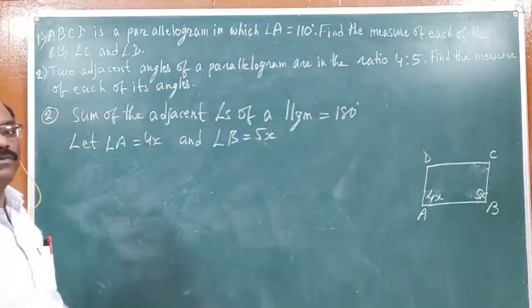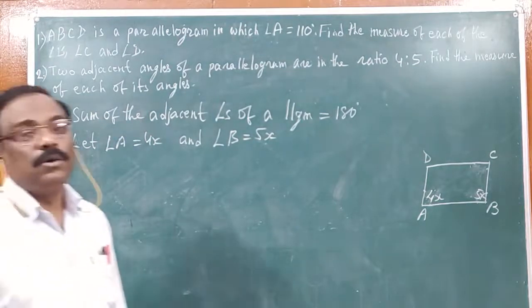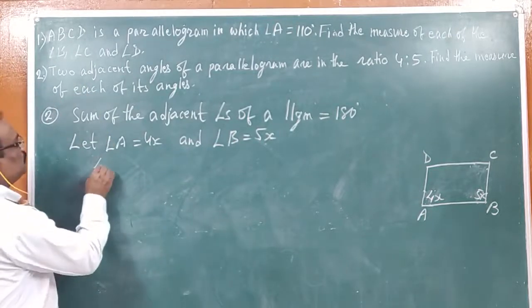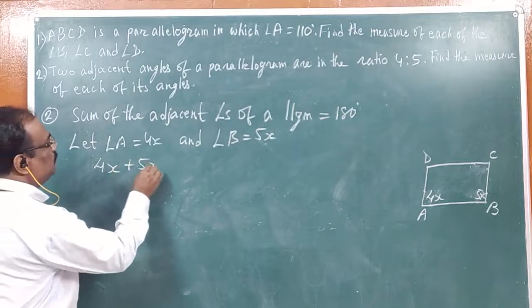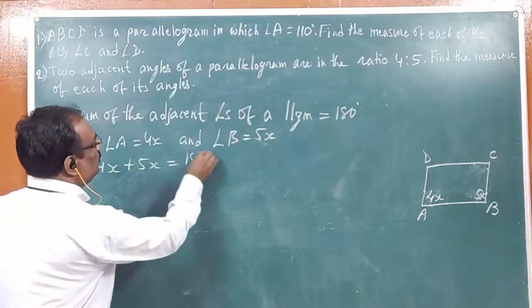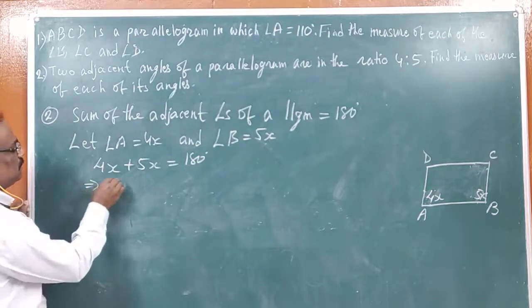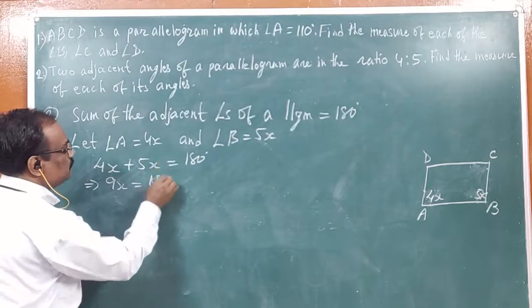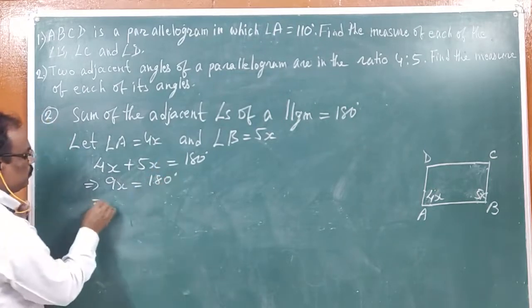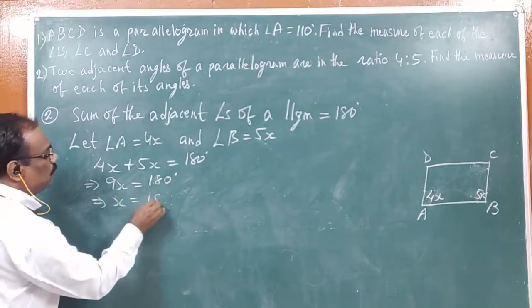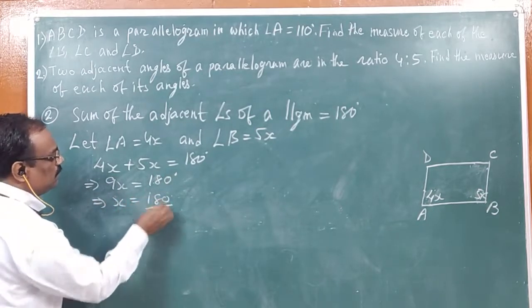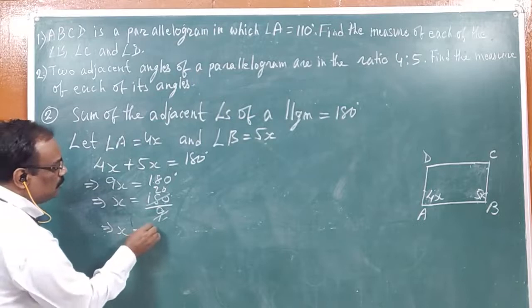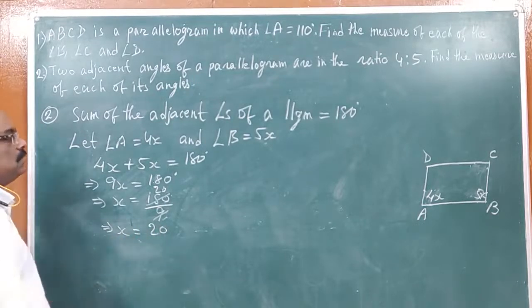Now when we add 4x and 5x, we should get 180 degrees. So you form the equation like this: 4x plus 5x is equal to 180 degrees. 4 plus 5 is 9x. 9x is equal to 180 degrees. Now x will be 180 by 9. 9 ones are 9, 9 twos are 18, put here 0. So we got x is equal to 20.